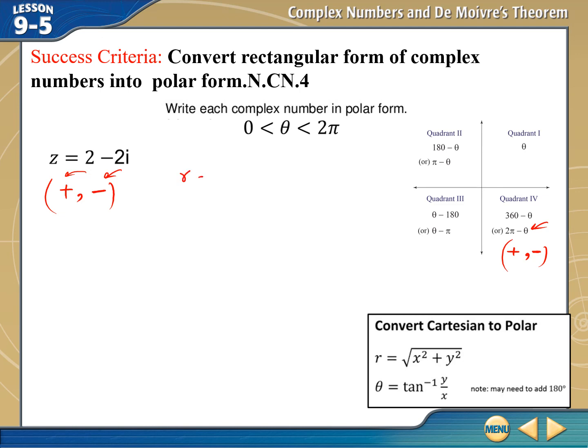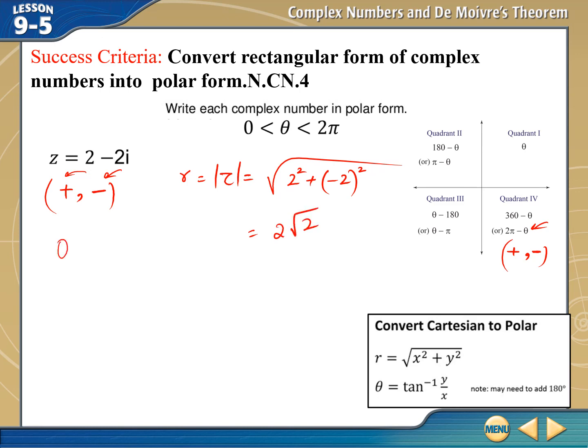First of all, we have to find the r, that means the modulus of z. That means you have to take the square root of a square plus b square. So it is 2 square plus negative 2 whole square. Make sure that all the negative numbers are written within brackets to avoid any mistakes. So it will be 4 and 4, 8, and it will be 2 square root of 2.